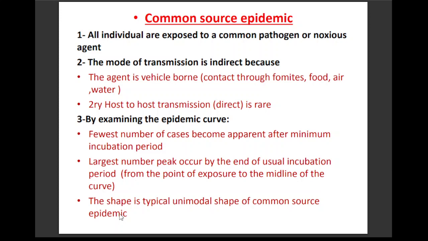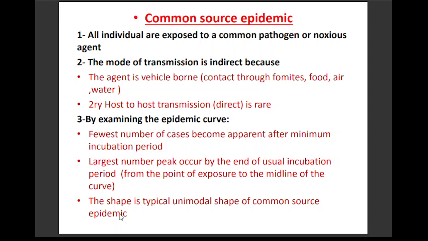But the secondary host matters. Suppose the infection has started from a water body and spread to one particular society, or the infected food or those people are responsible for transmitting it to other geographical places.